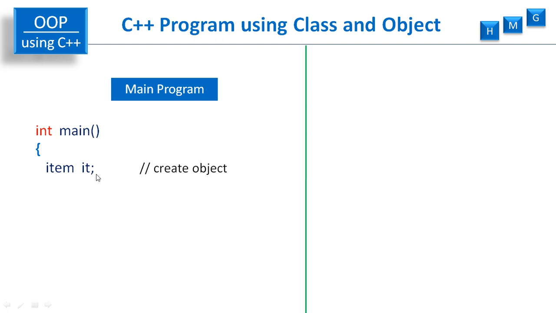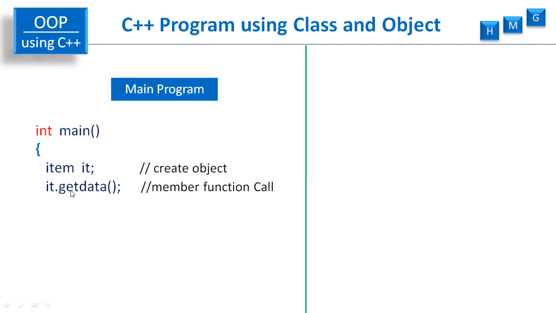Now I am calling the getData function because now I want to perform input operation. For input operation, I have defined the getData function, which will accept the values of item number, name and cost. So like this, IT object will call the getData function using the dot operator. So that is a member function call.